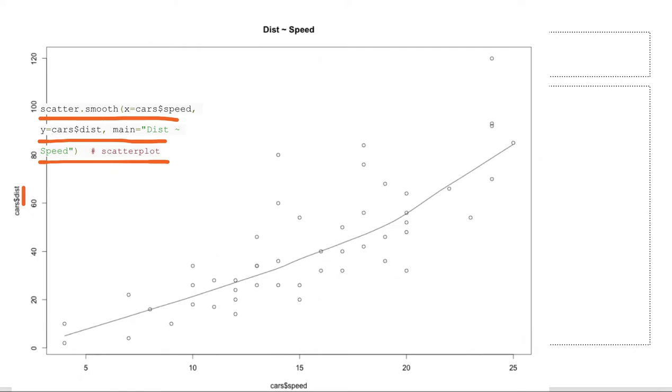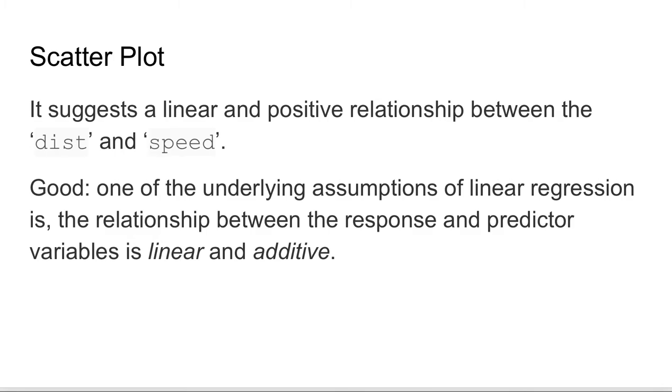However, we can still treat it as a linear line. And then we have the linear regression between the speed and distance. Again, we have the positive relationship between those two variables: as the horizontal goes up, the vertical goes up as well. That is what we call a positive relationship.